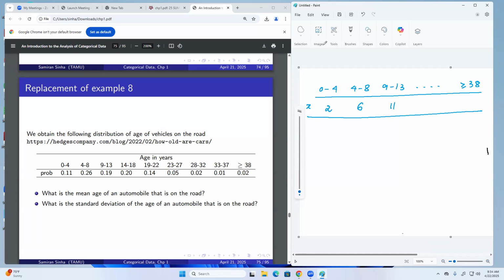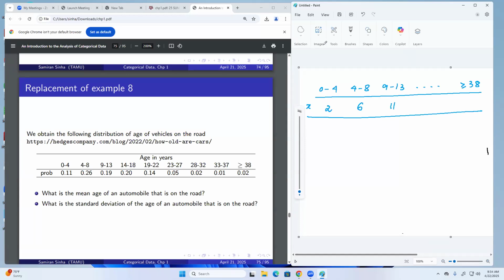Now, what about the age group which is greater than or equal to 38? Since most of the age groups have a width of 4 years, I'm going to assume that greater than or equal to 38 also has a width of 4 years.